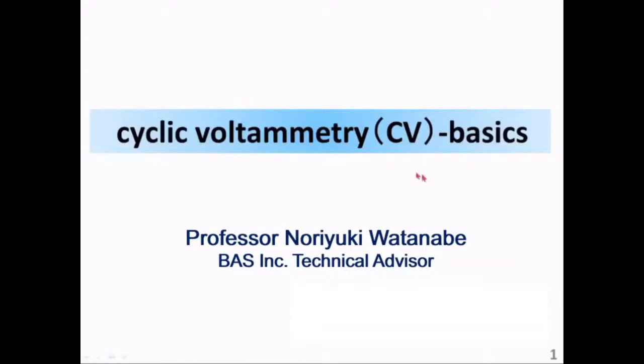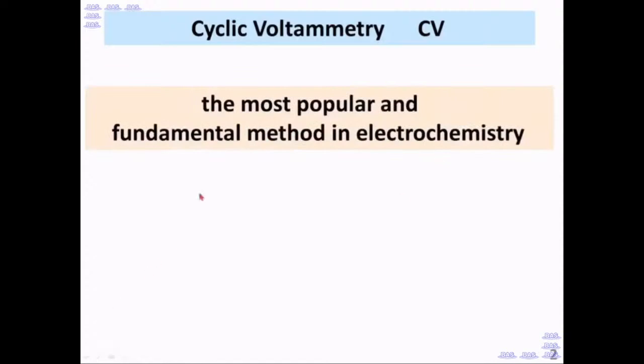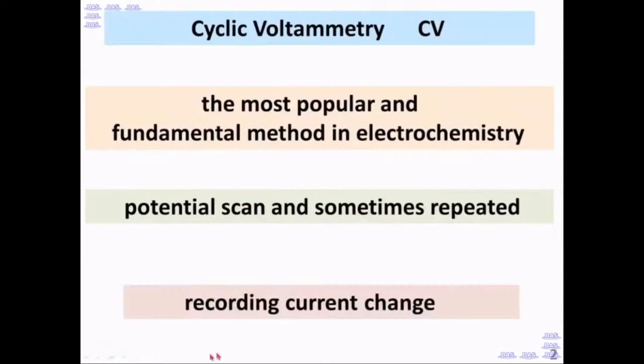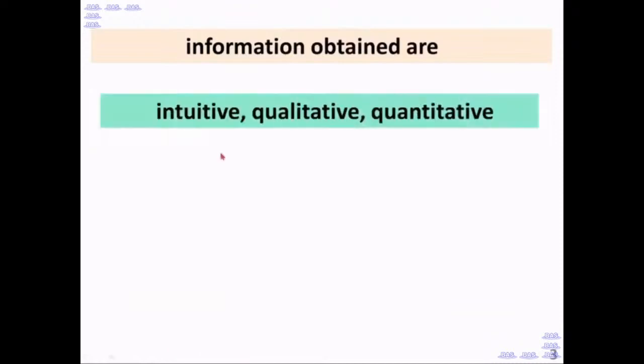It's the basics. This is a very fundamental area of electrochemistry. Cyclic voltammetry, abbreviated as CV, is the most popular and fundamental method in electrochemistry. It's a potential scan, sometimes repeated potential scanning, and then recording current change. Information obtained by this method is intuitive, qualitative, and quantitative.